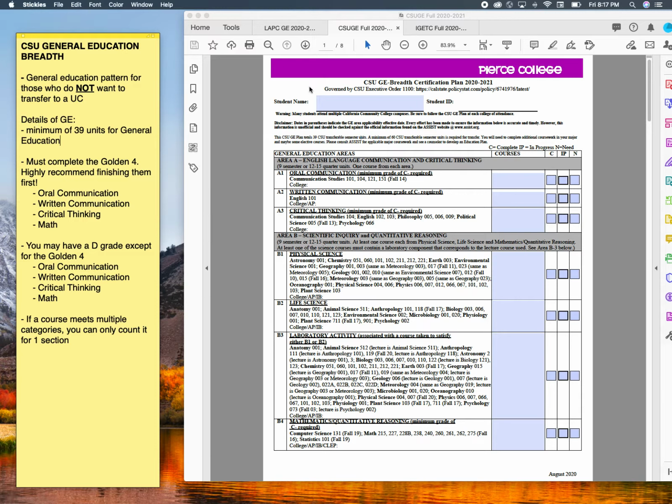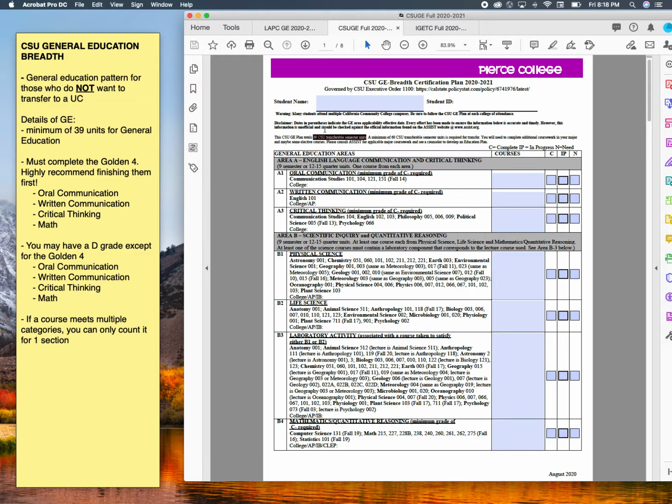You must have a minimum of 39 CSU transferable semester units. We are only on semester units, so you don't have to worry about any conversion, but you need 39 semester units. You must complete the Golden Four to transfer. The Golden Four is the most important courses, and you have to pass them with a C minus or better.